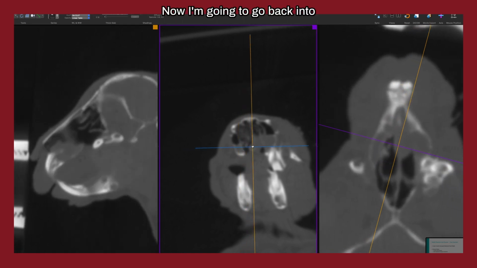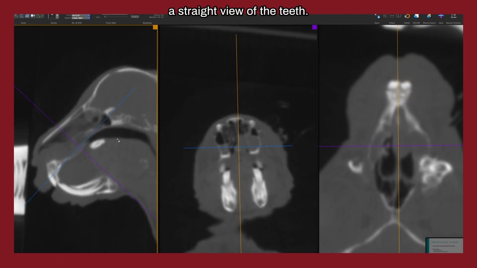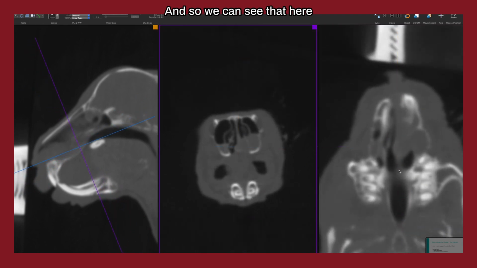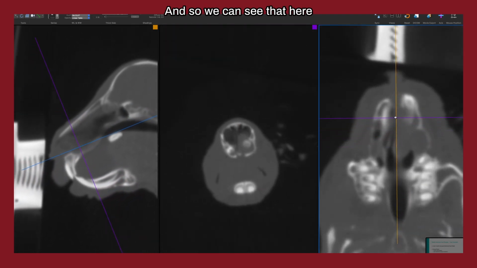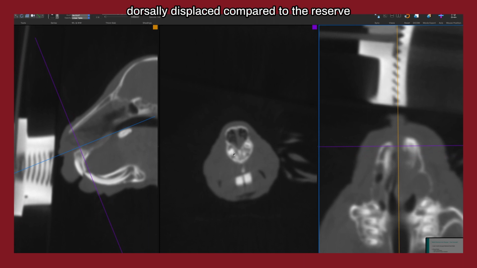Now, I'm going to go back into a straight view of the teeth. And so we can see that here we have the reserve crown of the left maxillary incisor. This is tooth 201, and you can see how it is dorsally displaced compared to the reserve crown of the opposite incisor.